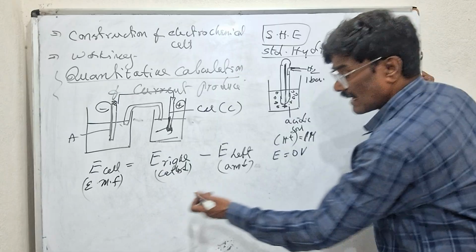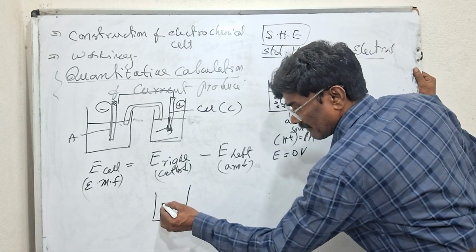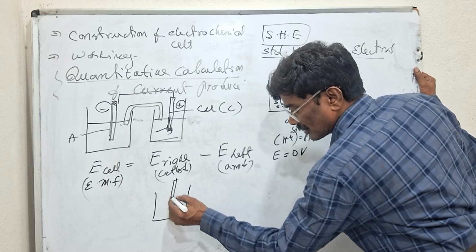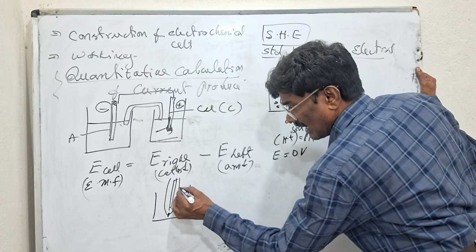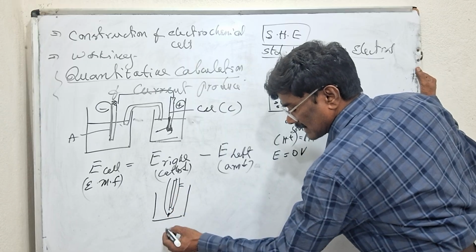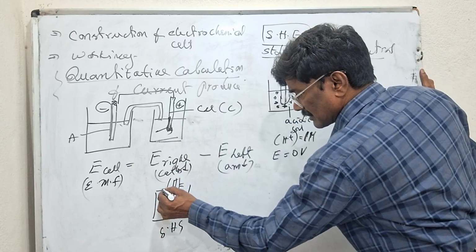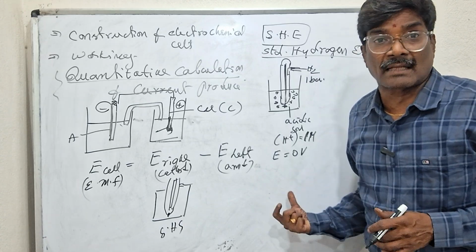This reference electrode, the standard hydrogen electrode, is always taken on the left side. It is a convention to take it on the left side; we cannot take it on the right side.